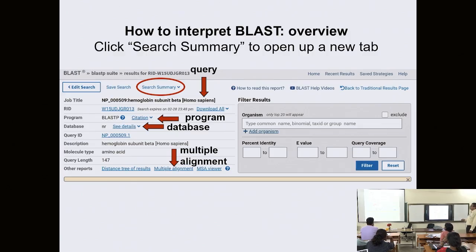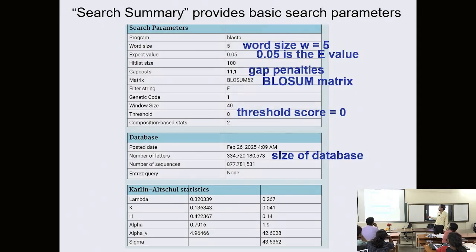Now you understand this, but if you click on search summary, after you did all this BLAST analysis with the two sequences, you might have come to this page. Here is the search summary, and this will help you in getting the different metrics or parameter values that were used, the algorithm parameters.